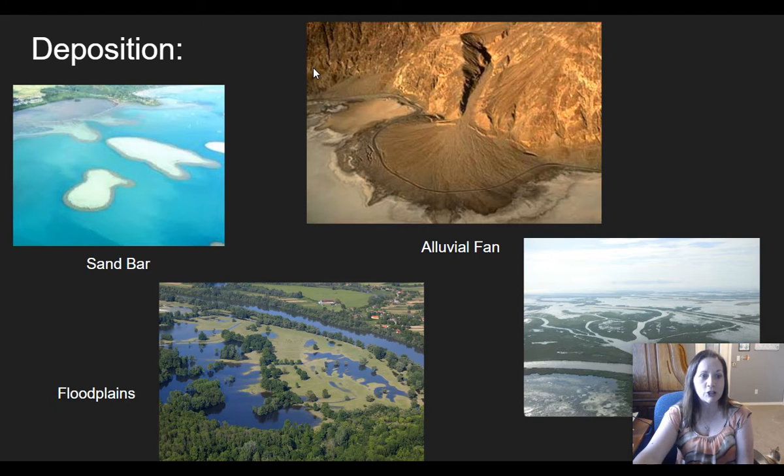And then deposition creates things like sandbars. This is really cool, right? It deposited that sand so much in one place here that it built up into this little almost mini island there. Alluvial fans, when it came down, look how it got deposited there. It kind of looks like a fan shape.